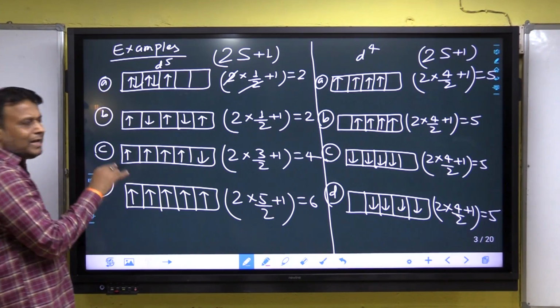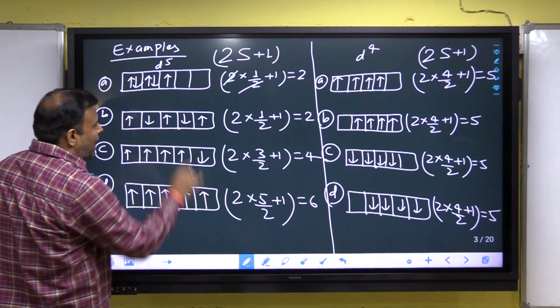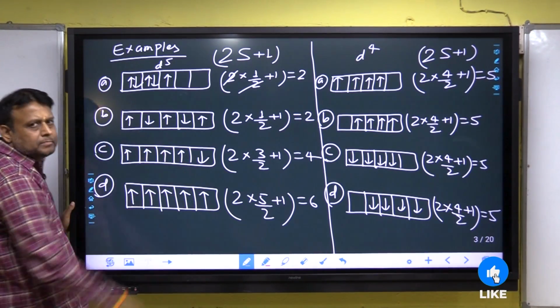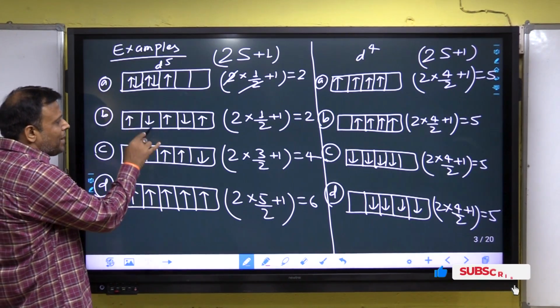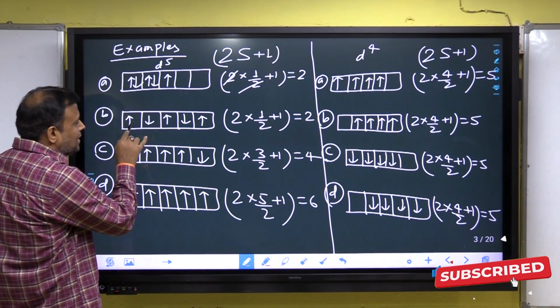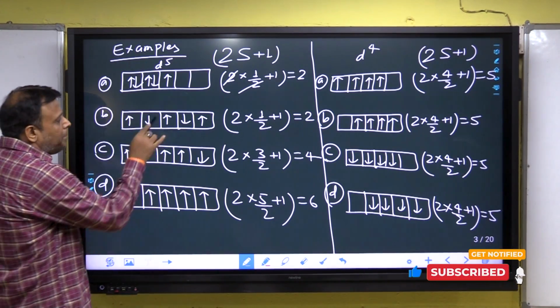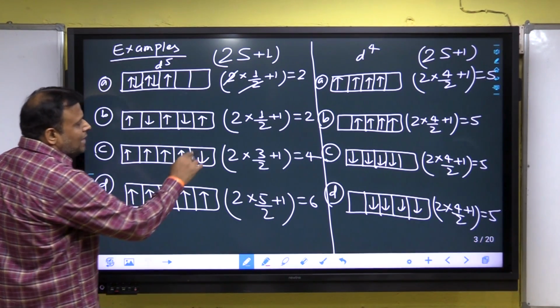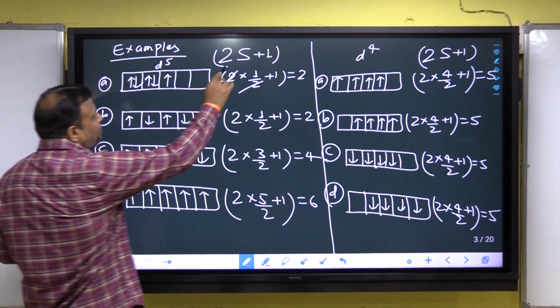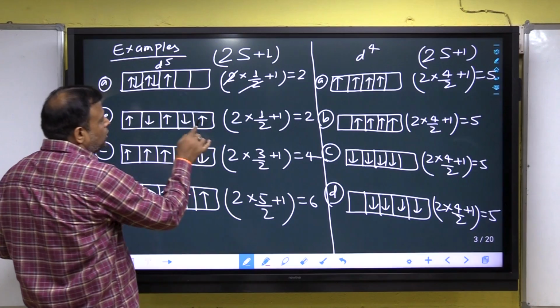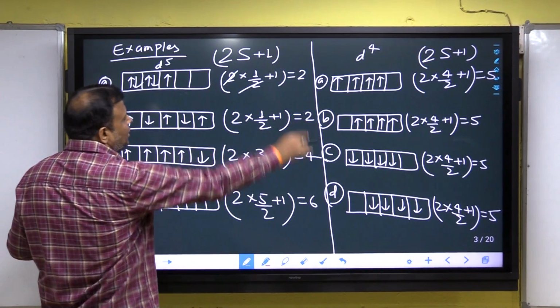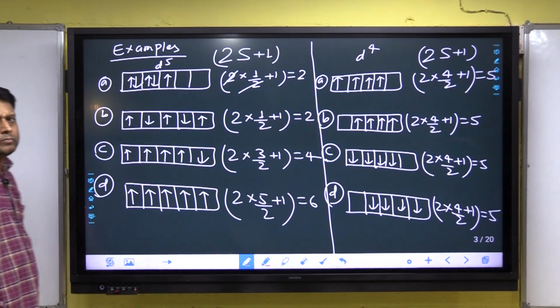Now, a second student filled all 5 electrons in such a way: plus half, minus half, plus half, minus half, plus half, and hence the spin multiplicity, 2 into total spin half plus 1, will be 2.